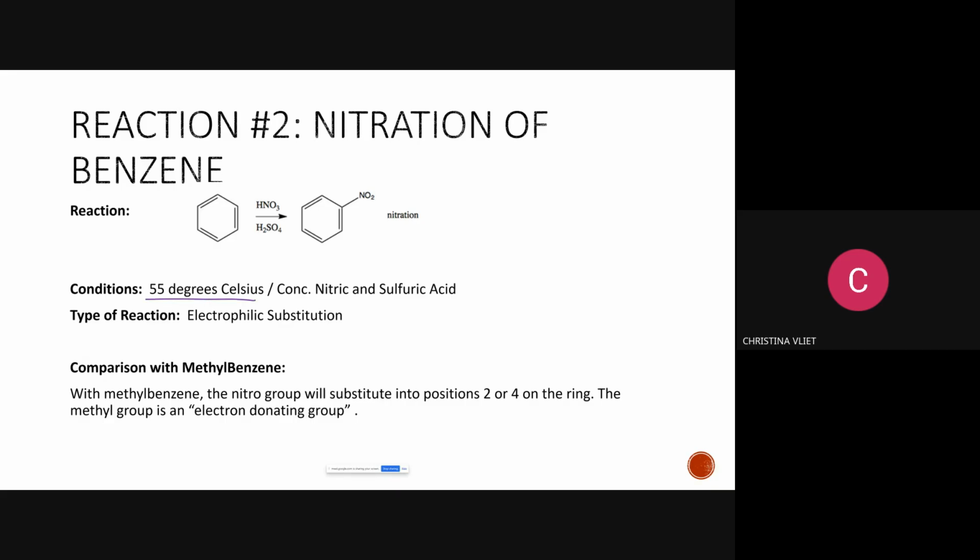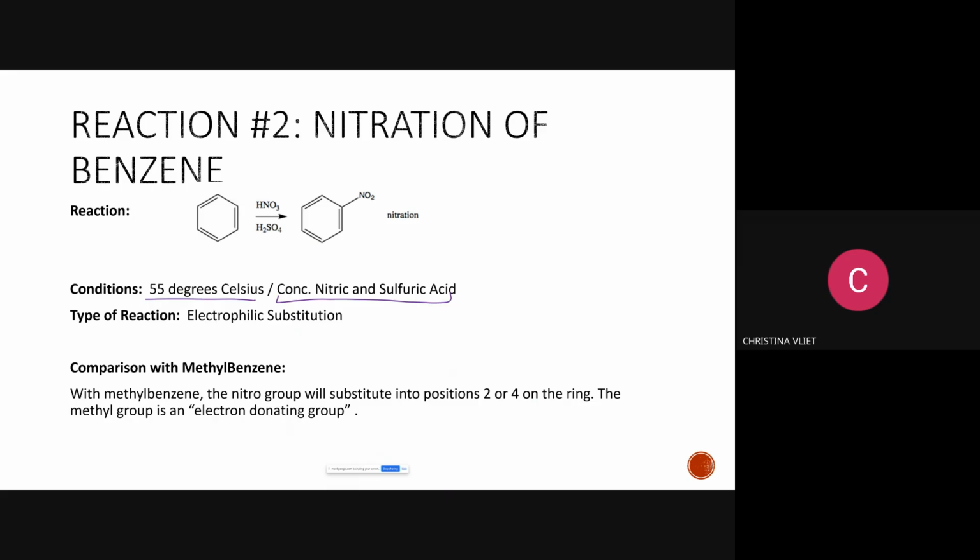You need 55 degrees Celsius, which is pretty hot. And concentrated nitric and sulfuric acid. You need a mixture of concentrated nitric and sulfuric acid. Both are required.